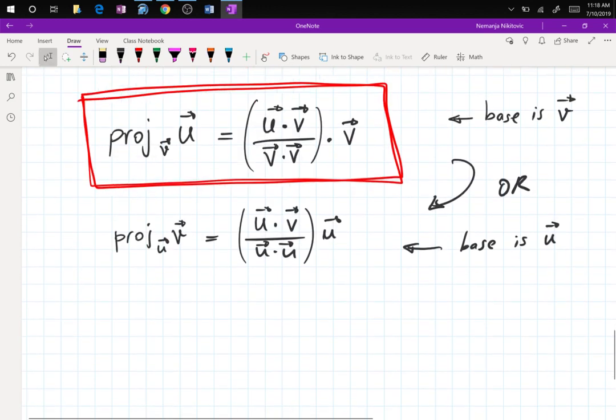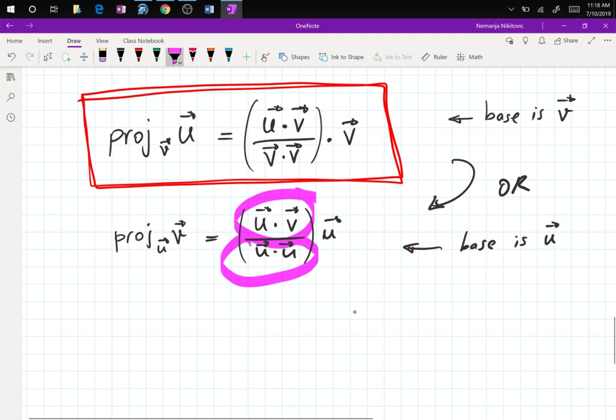And to compute the vector projection, you are expecting to get a vector, right? And you are going to get a vector because the dot product in the numerator gives you a number. The dot product in the denominator gives you a number.